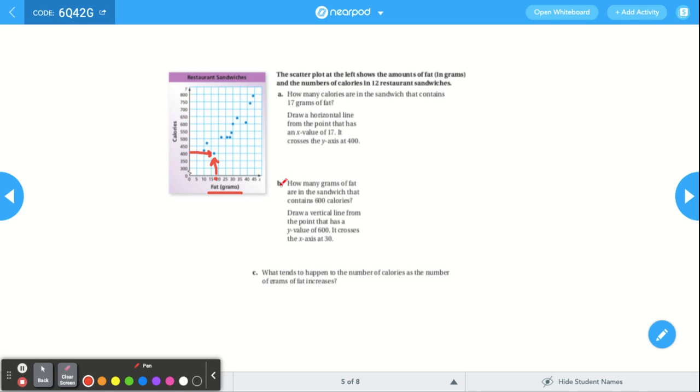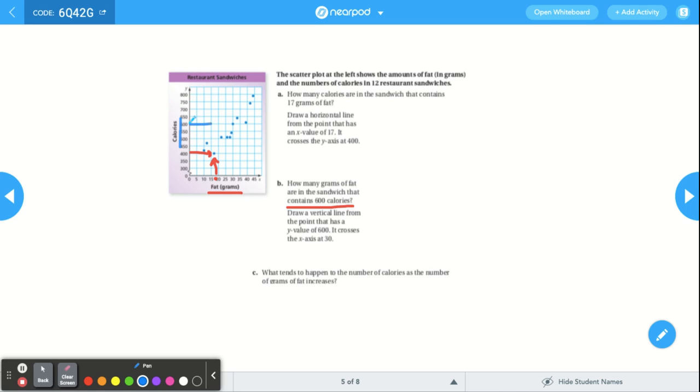Question B, how many grams of fat are in a sandwich with 600 calories? All right, so the question has to do with the y-axis. So let's go ahead and take a look. I'll use a different color pen for that. So the calories, and it looks like we have 350, 400, 500, 550, 600 is right here.